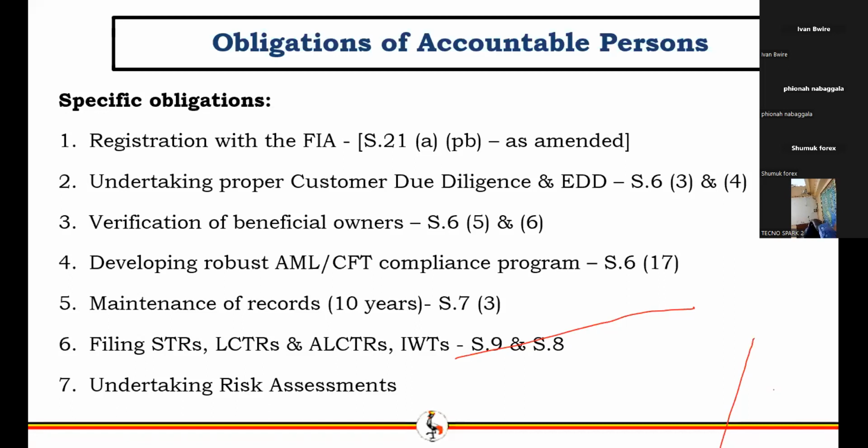So those are the beneficial owners. In the first place, identify them. We have talked about identification: obtaining adequate information that establishes their identity, the national ID, their names, residence, telephone contact, address, things like that.